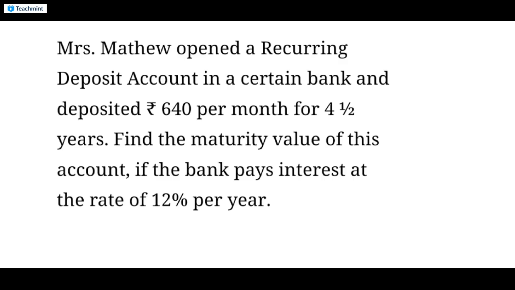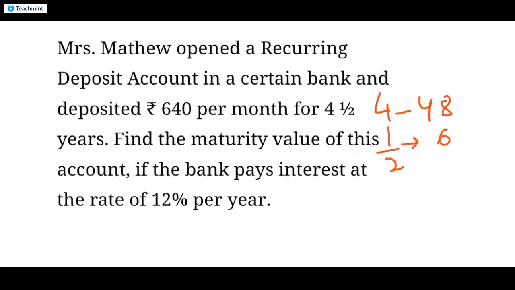Yes. 4 years will be 48 months, and half a year means 6 months. So when you add it, you will get 54 months. So wherever your n value is there, you will replace it with 54.